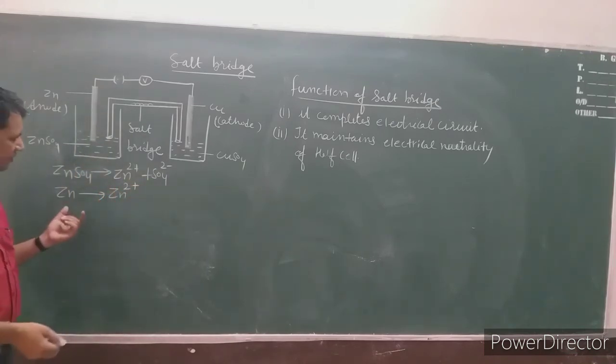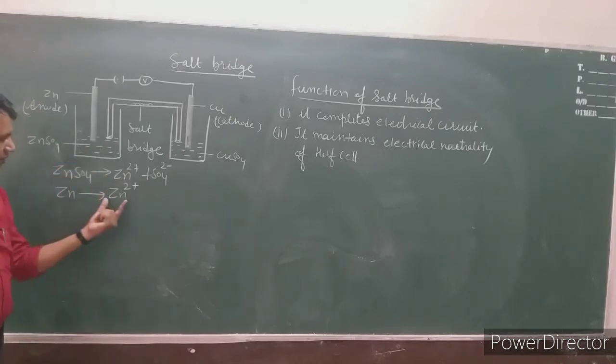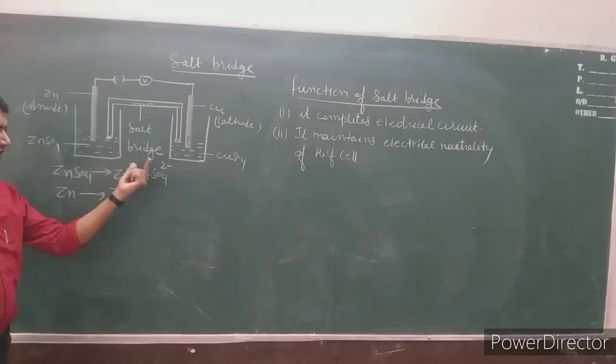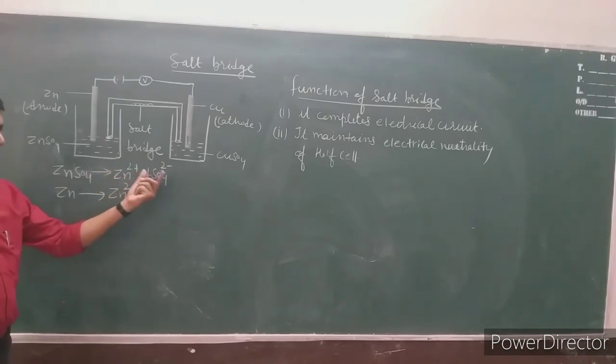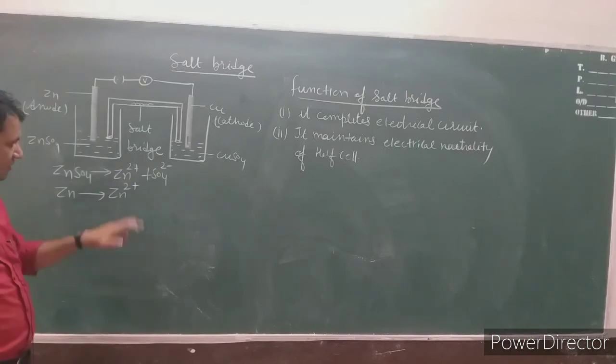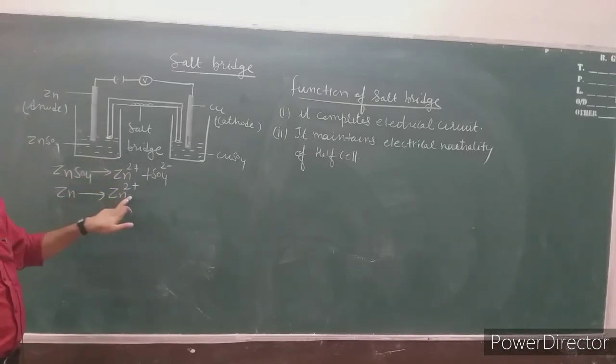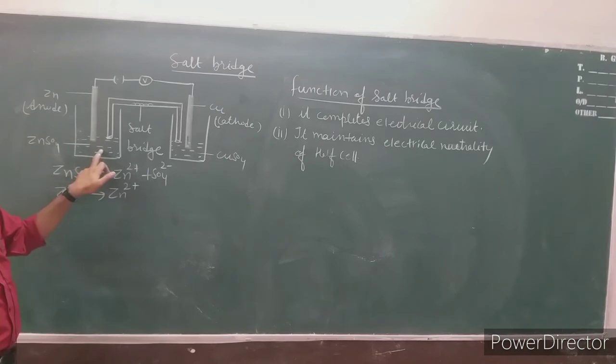So in this solution the concentration of Zn2+ ion increases and the concentration of sulfate ion is constant. It means there is an increase of positive charge at this anodic cell.